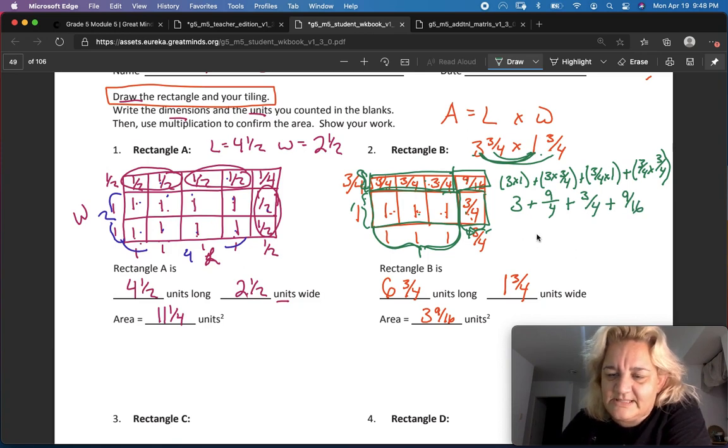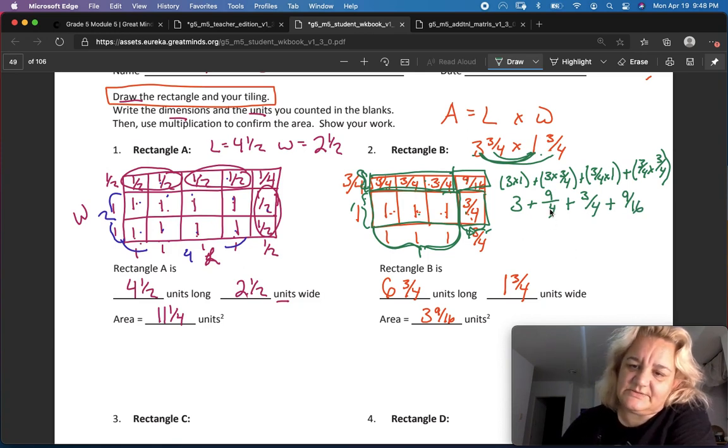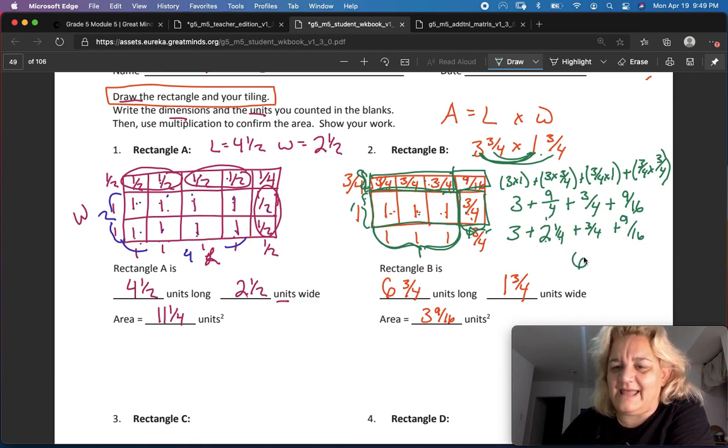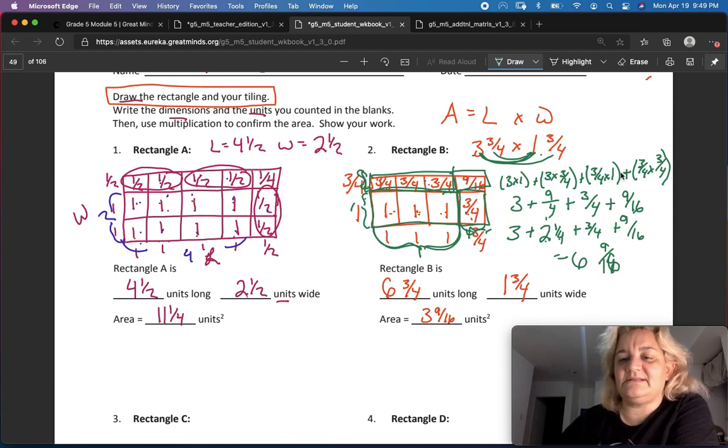And then I add those all together, and I have to turn this into a mixed fraction, so that would be 2 1/4 plus 3/4 plus 9/16 plus 3, which equals 3, 4, 5, and then 1/4 plus 3/4 is 6, and 9/16, sorry. Okay, 6 and 9/16 units squared. That was using the distributive property.